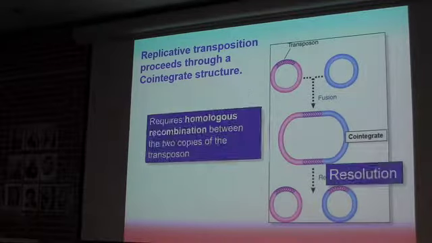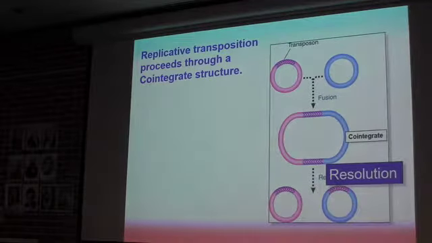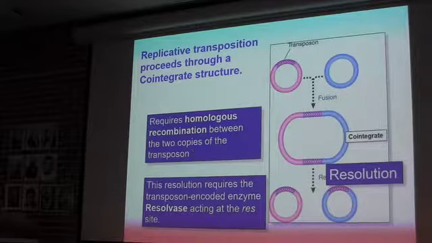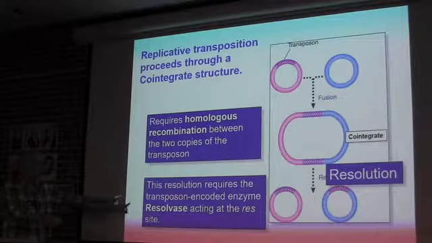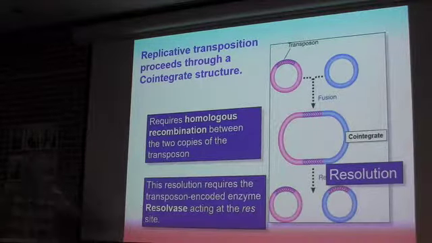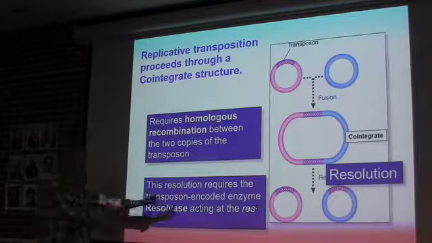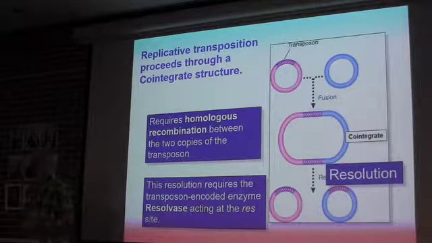It creates a co-integrate structure. How is it resolved? It's resolved by recombination between the two copies, at a particular site. It's not just homologous recombination. This resolution is mediated by a transposon-encoded open reading frame, a protein, resolvase. And it acts at a specific site. So this is not general recombination.